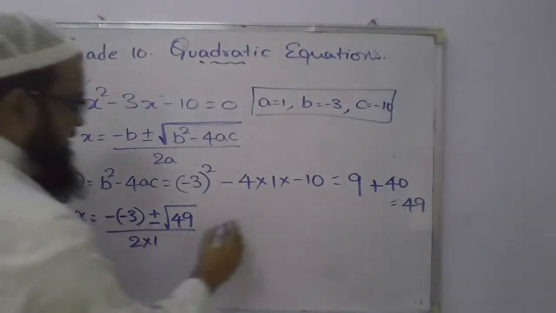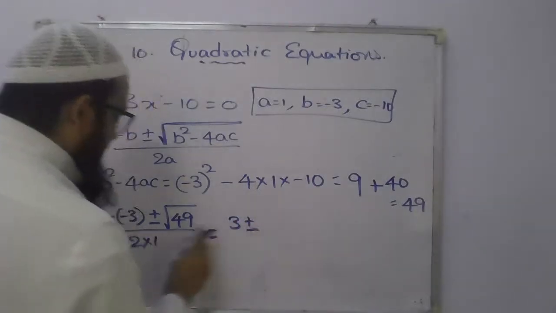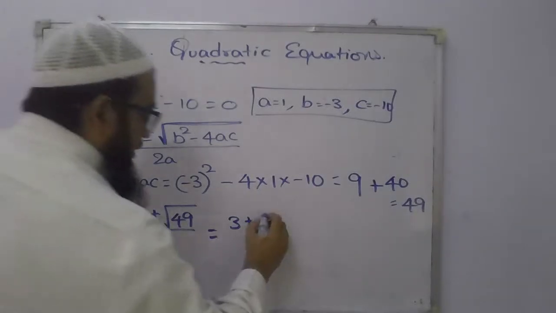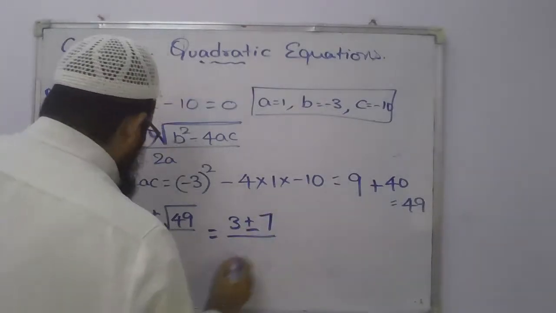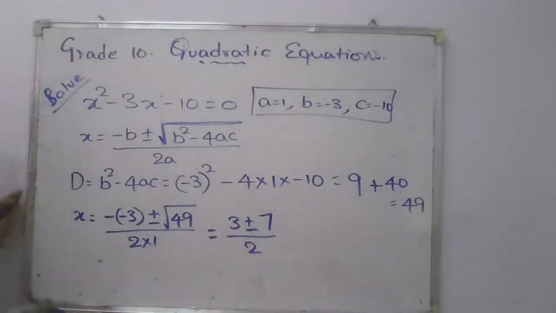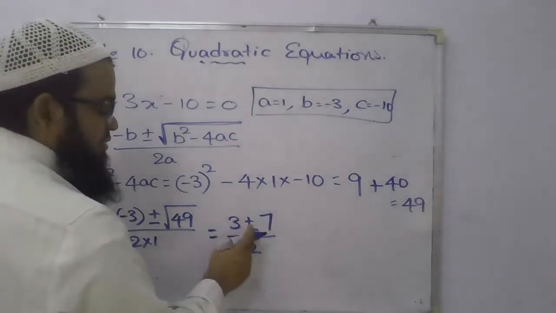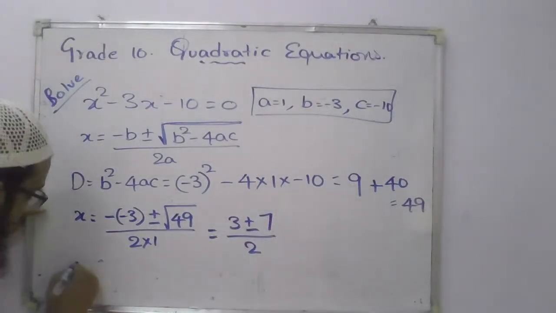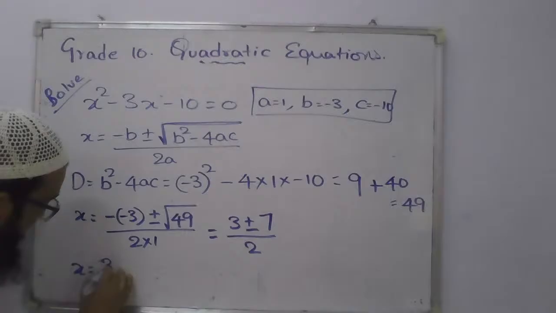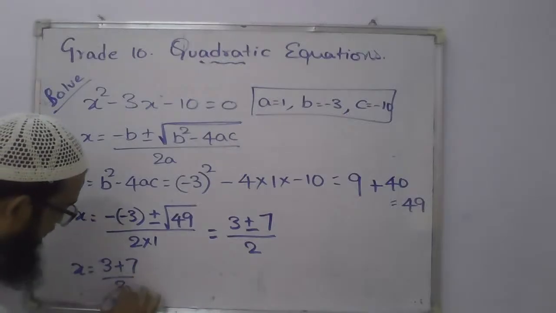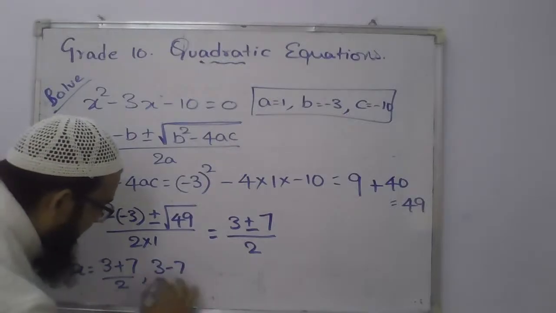So minus of minus 3 plus or minus square root of 49. What is the square root of 49? 7, divided by 2. So x has two values: 3 plus 7 by 2 and 3 minus 7 by 2.